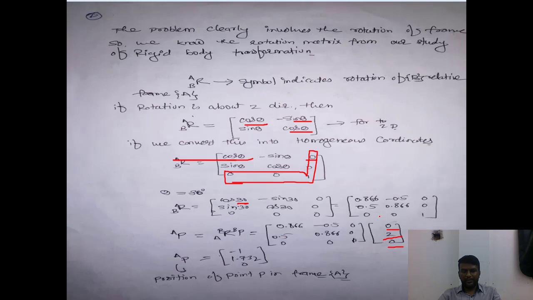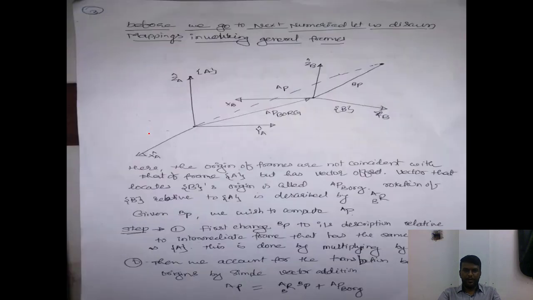If we multiply with this, we will get the position of point P in frame A. This is a simple numerical, the multiplication of the rotation matrix.